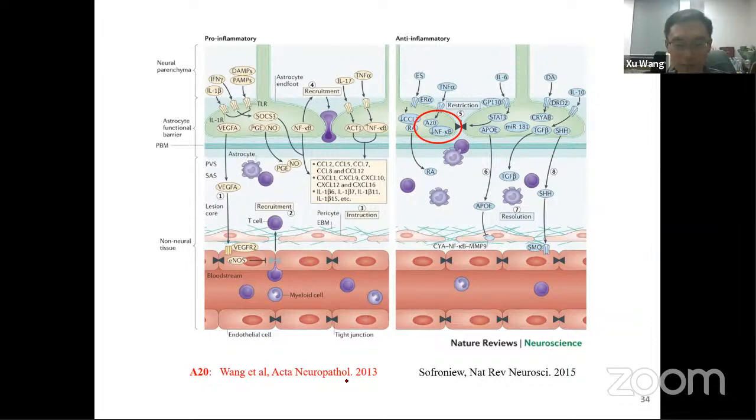This paper was published in 2013 in Acta Neuropathologica, and this result is cited by Nature Reviews Neuroscience, a very good journal in neuroscience.